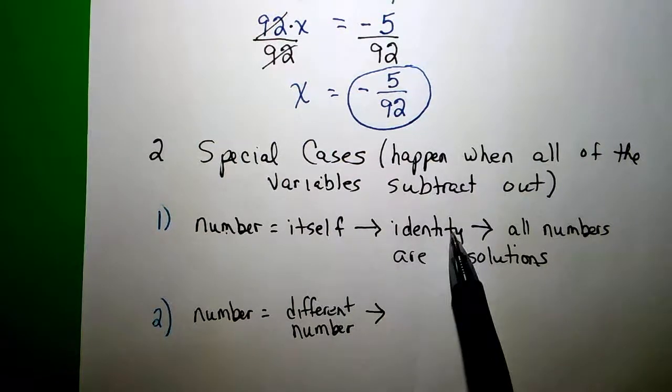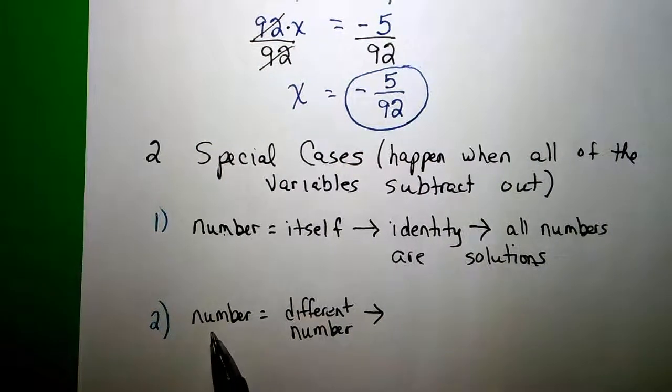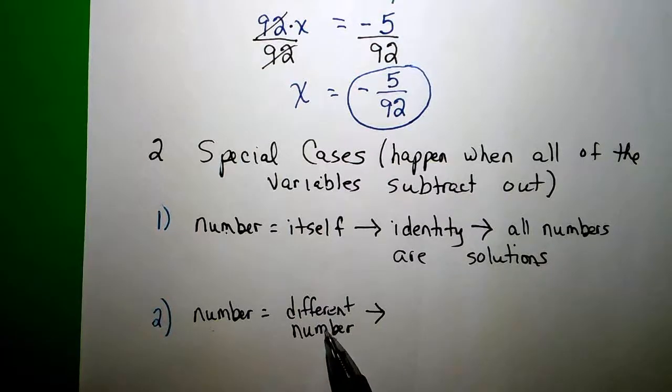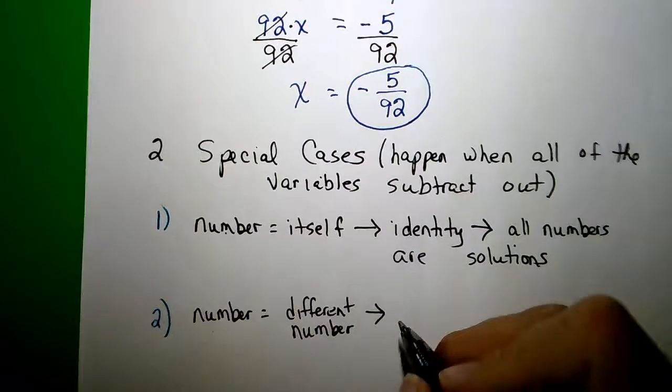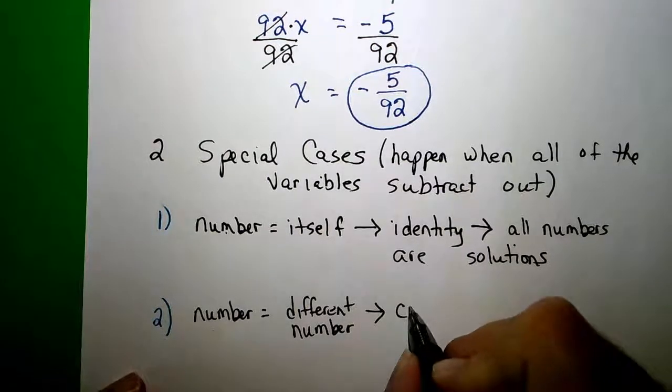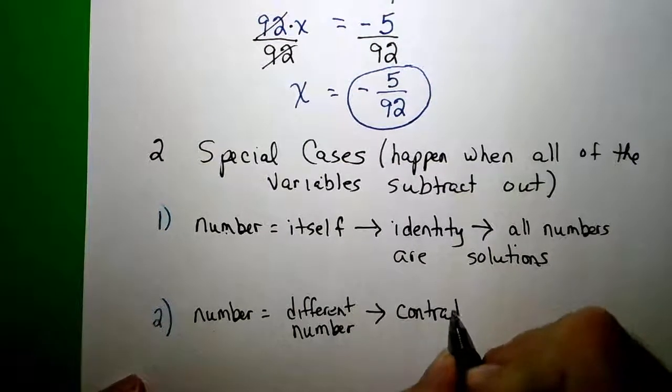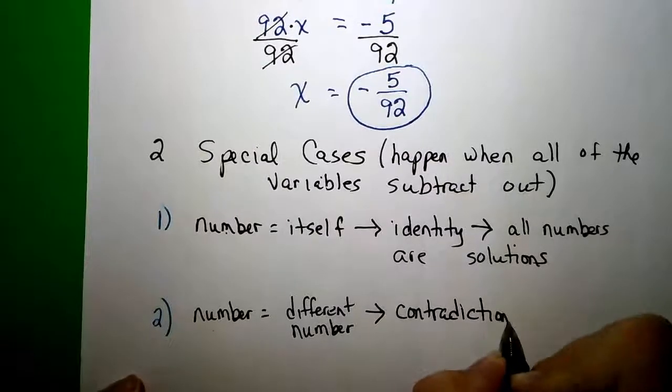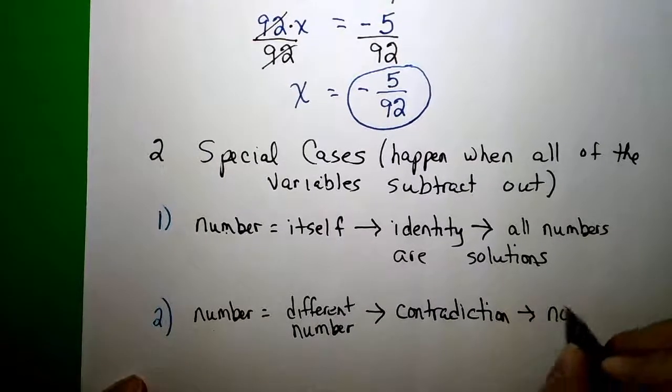It's an identity. If you get something like 7 equals 0, then there's no solution. It's called a contradiction. And there's no solution.